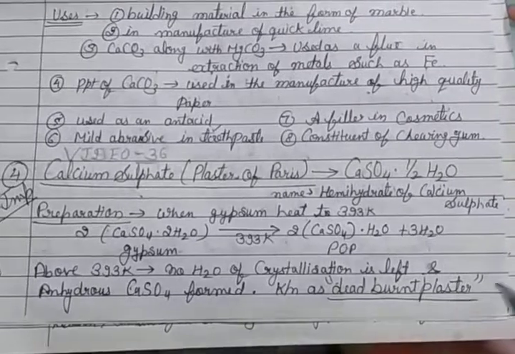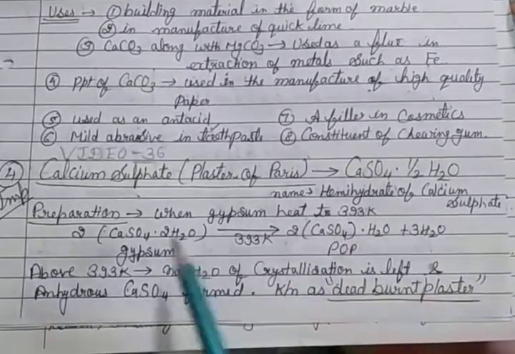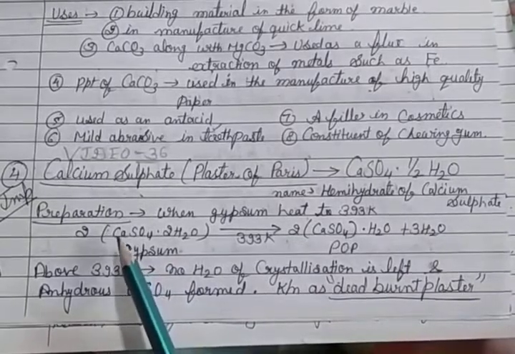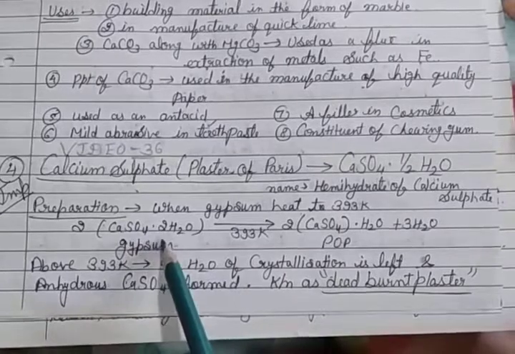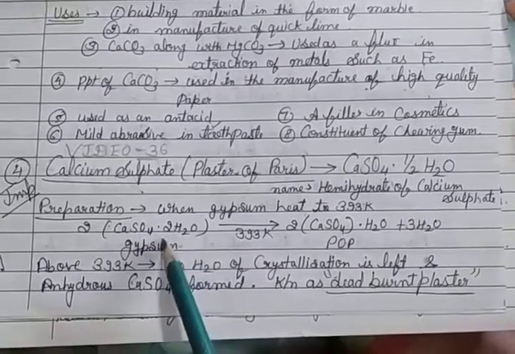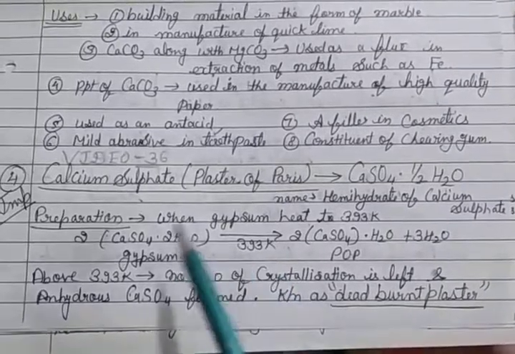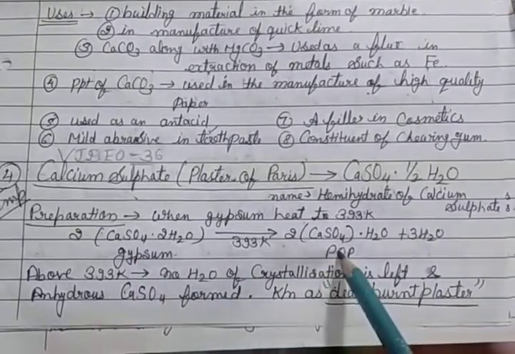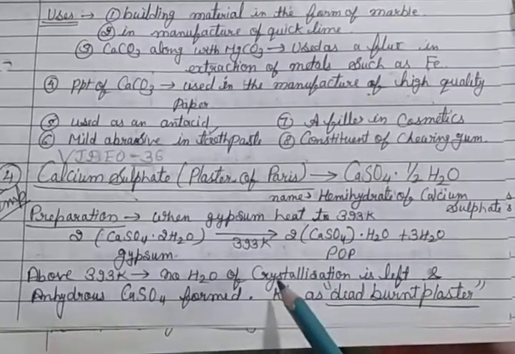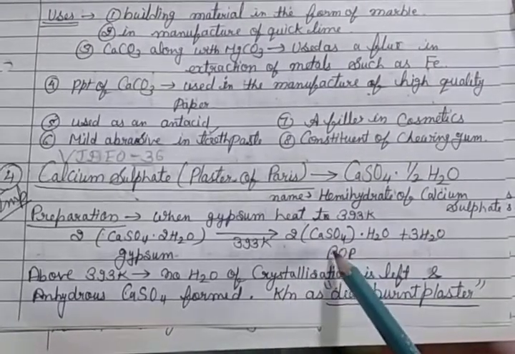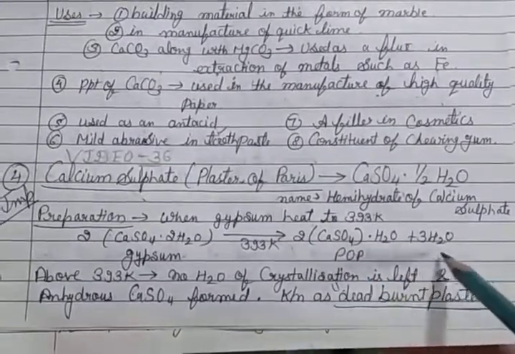Preparation: when gypsum is heated to 393 Kelvin. Gypsum has the formula CaSO4·2H2O. We take the gypsum molecule and heat it at 393 Kelvin, so it converts into 2CaSO4·H2O, that is CaSO4·½H2O, and 3H2O is removed.